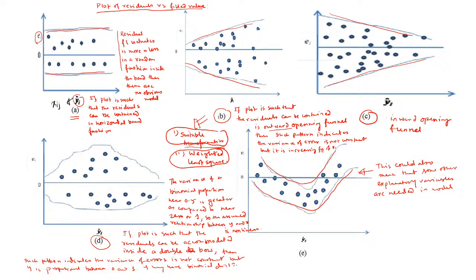In figure A, if your residual versus the first explanatory variable looks like figure A, you can say there are no obvious model defects. If it looks like figure B, then your variance is not constant.